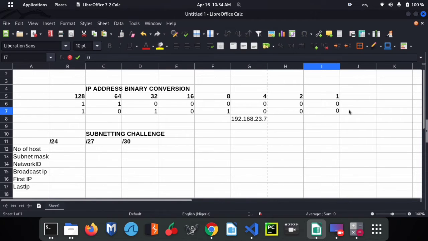Okay, so we move on to the next one, which is 23. So 23 here is simply 16, 4, 2, and 1.